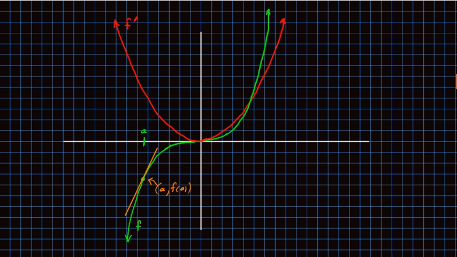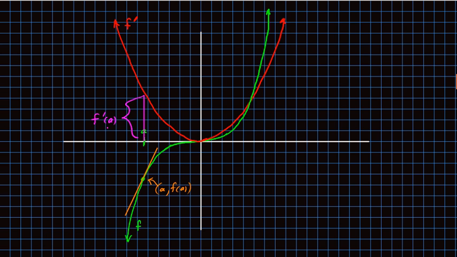Now in terms of f prime, this slope is the actual height above the x-axis. That's the height represented by f prime of a. So this height is f prime of a. It's a little funny. When we think about the derivative in terms of f, it's the slope of the tangent line.